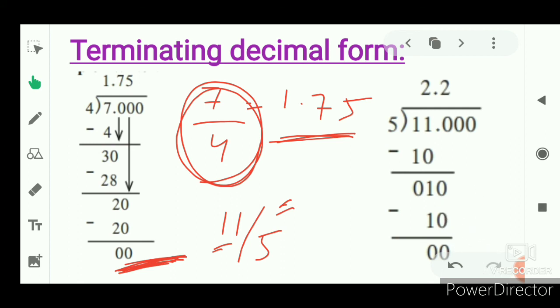Here the remainder is 0 and 2.2 is the decimal form of the given rational number, and here the division is completed. There is no number to be divided. So such type of numbers is called terminating decimal form because here the division is terminated.